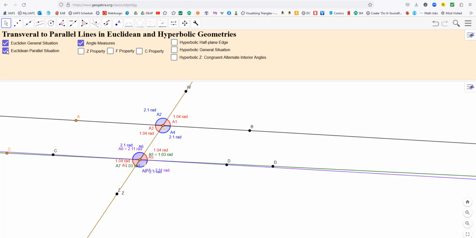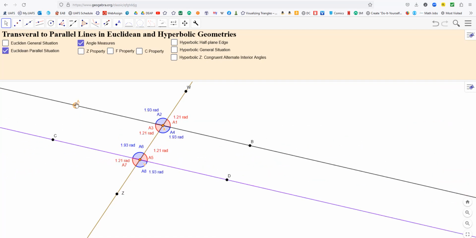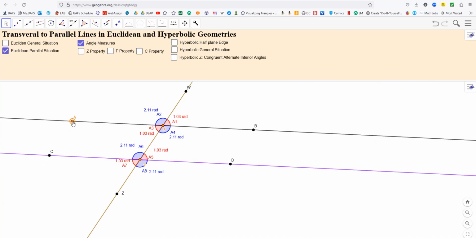So here's the parallel situation. Let's take away that one and force them to be parallel. Now all the ones that are the same size or same color are the same measure, they're congruent.